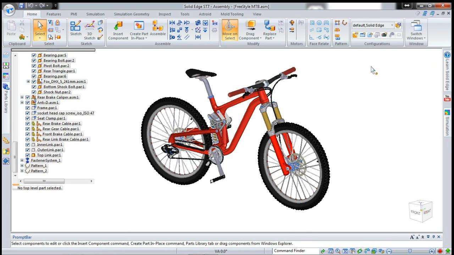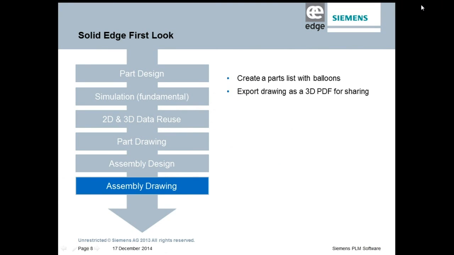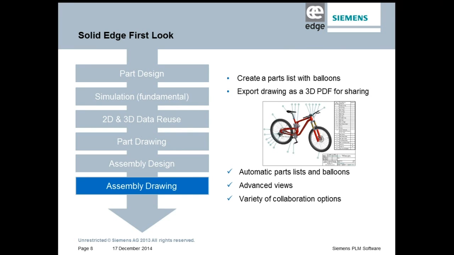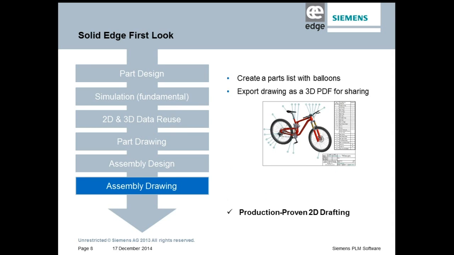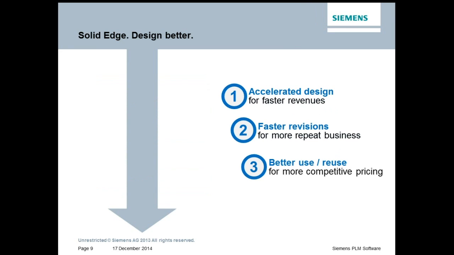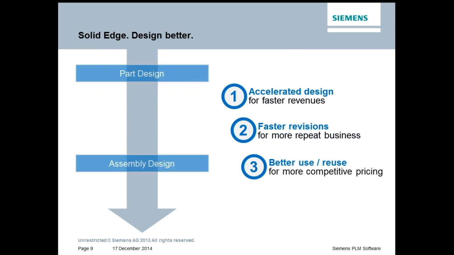Now we also have things like a Solid Edge viewer, which will allow you to distribute and view files natively, or things like ExpressRoute, which are specific collaboration tools for you to be able to use with your customers. So we've got all of the collaboration options in there. We've demonstrated automatic parts lists and ballooning, advanced views, and collaboration options, again showing you the production proven 2D drafting.